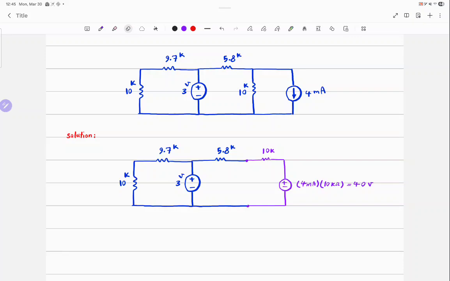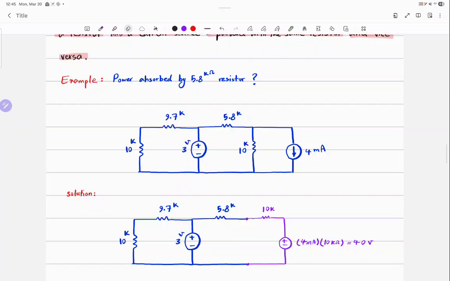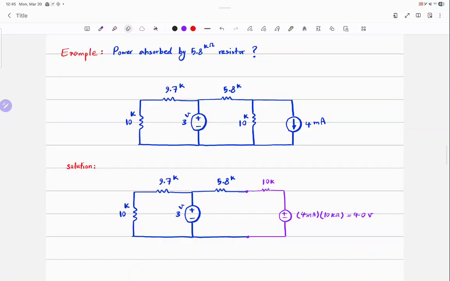Is there anything else you can change here? We better not do that. For what reason? Oh, yeah. Yeah, we are looking for the power absorbed by that. If you combine it, then you don't know what's what, right? But to the left, we can combine 10 and 9.7.